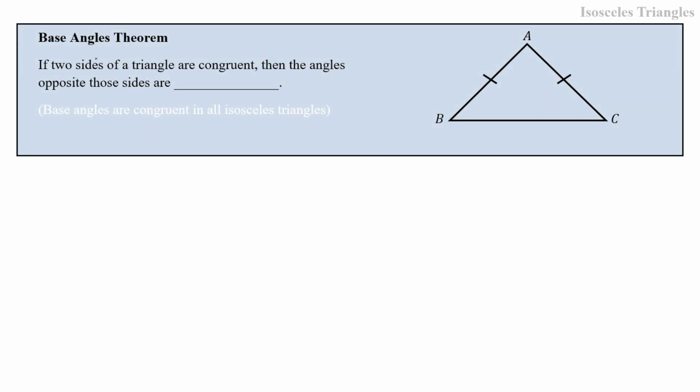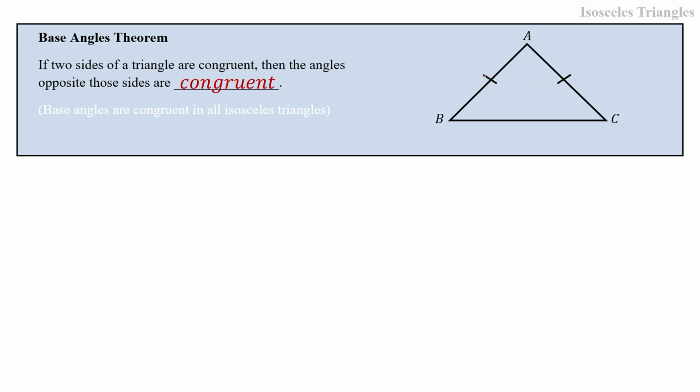So the first rule is called the base angles theorem, saying that if two sides of a triangle are congruent, then the angles opposite of those sides are going to be congruent as well. Basically, once again, we have these two sides here. If you look at side AB on the left, the angle opposite of this side will equal the angle opposite of this other side on the right.